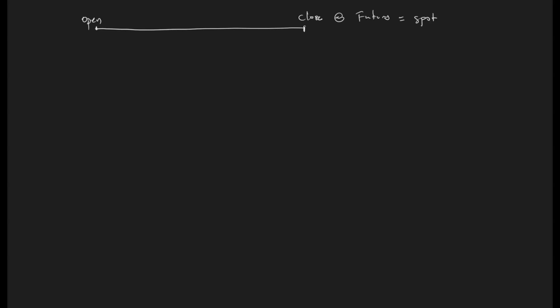Well, what if at this point here there is essentially nobody, there is no contract for you to take that would allow you to close out the position? What if there is no contract that's open for you at that point in time?